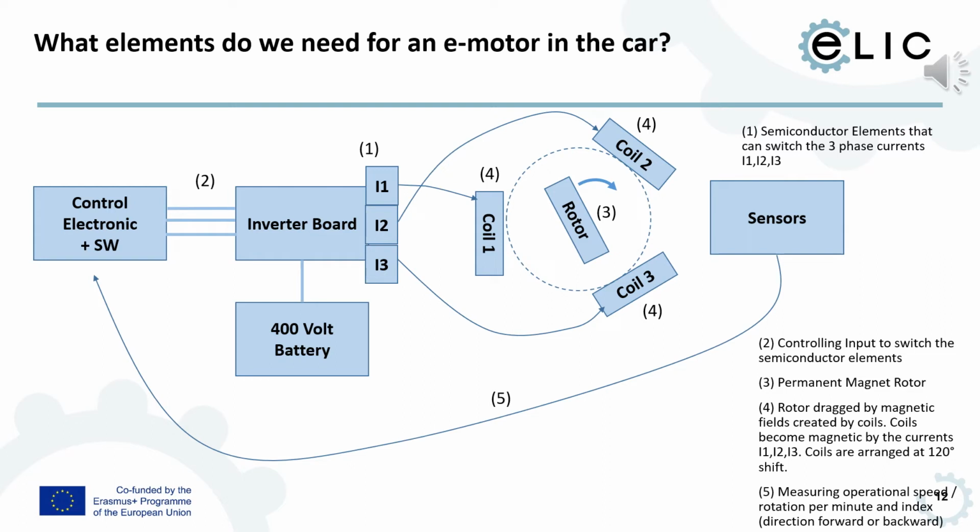So we have sensors measuring operational speed, rotation per minute, angle speed, rotor angle position, and here for instance also mentioned the index, if it's direction forward or backward of the motor.